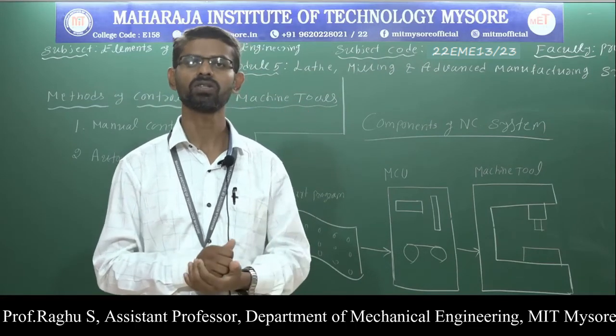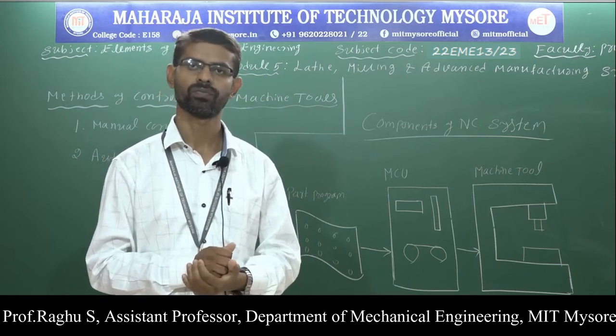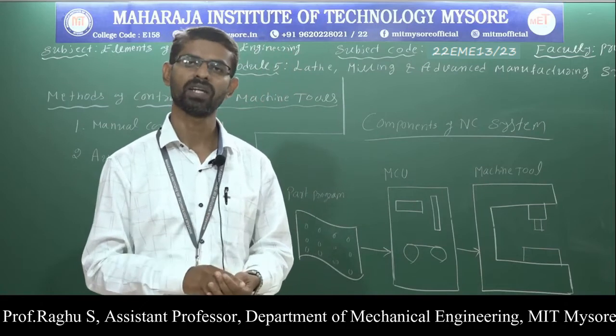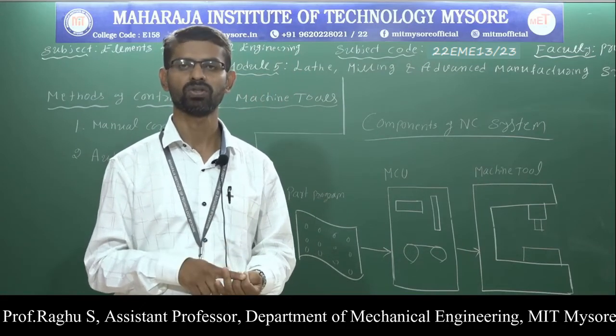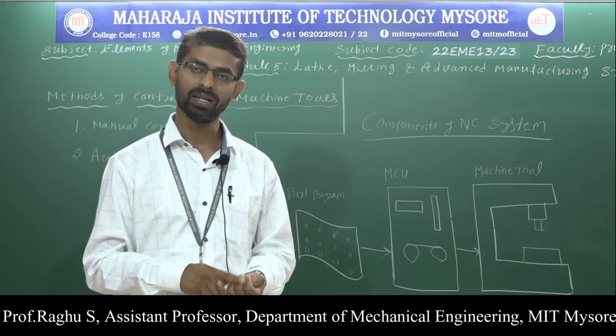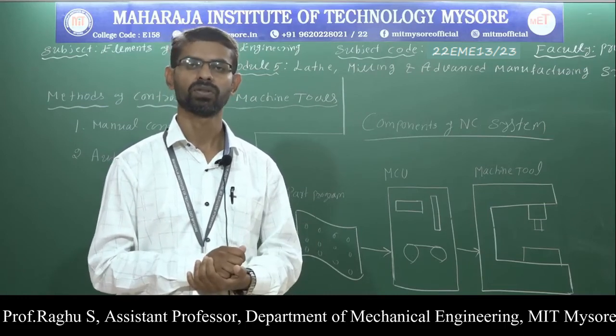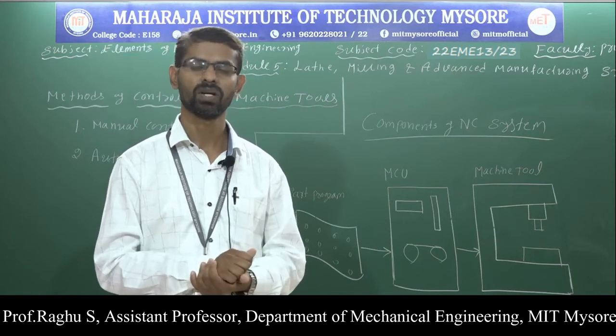Under these conditions, we can use CNC machines. Examples of CNC machines are CNC lathe, CNC milling, CNC drilling machines, CNC welding, CNC water jet machine, and CNC electrical discharge machining. So these are some applications of CNC machines.